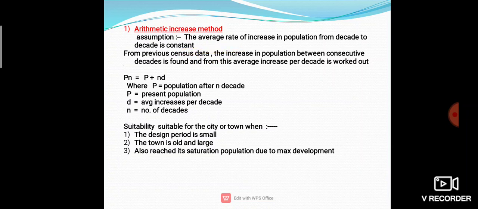Then from the previous census data, the increase in population between consecutive decades is found, and from these the average increase per decade is worked out.